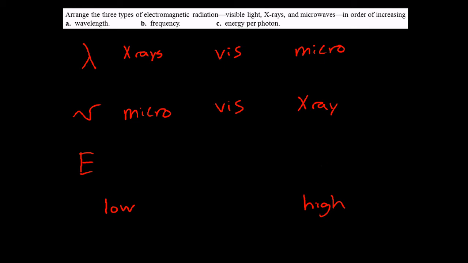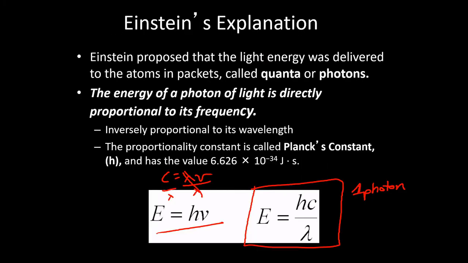When it comes to the energy, if we think back to how we know how to calculate energy, we use these equations to do that. And if you notice here, the energy and frequency are directly proportional, and energy and wavelength are inversely proportional.